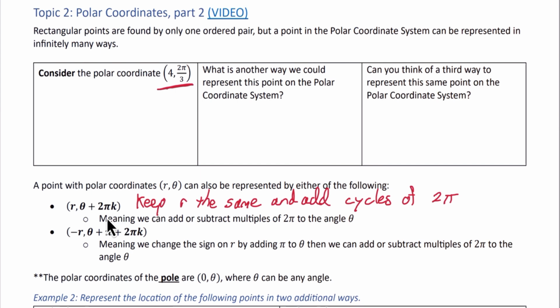An alternate way would be to change r, make r negative, and start by adding π and then multiples or cycles of 2π. That is 2π, 4π, 6π, or negative 2π, negative 4π, and so on.